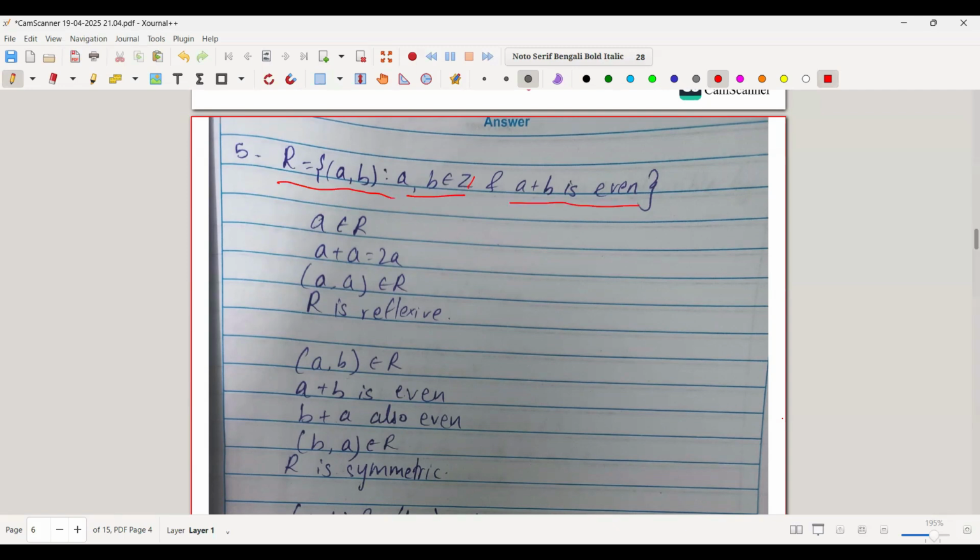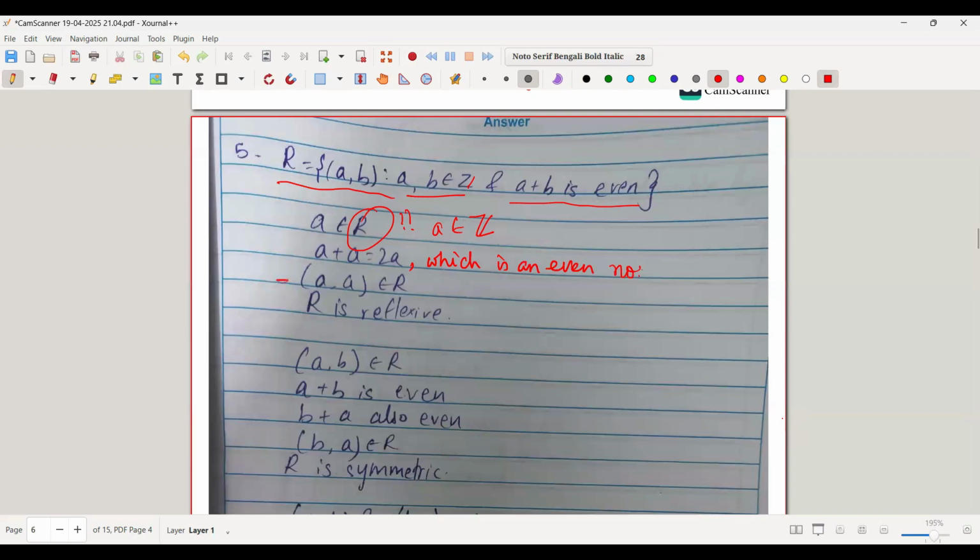So for all a belongs to Z, a belongs to the set of integers. a plus a equal to 2a, and you should write here which is an even number.